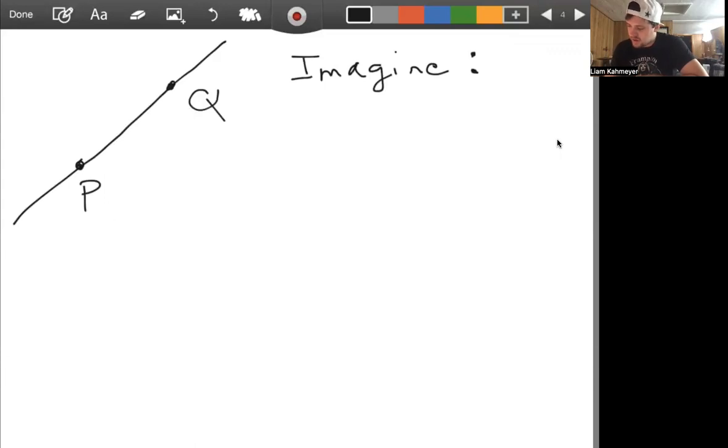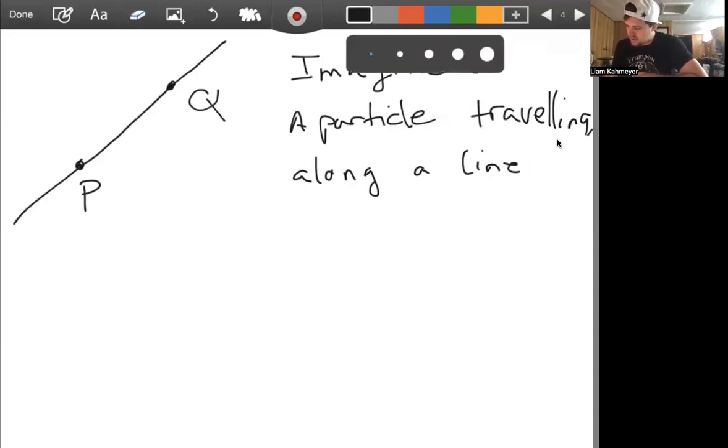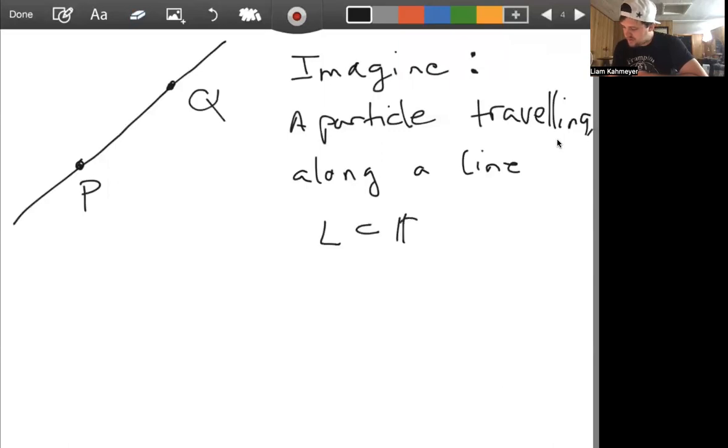So let's imagine that we have a particle traveling along a line, let's call this line L, and this will be a subset of n-dimensional Euclidean space.